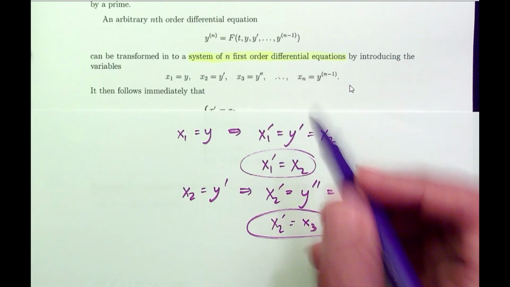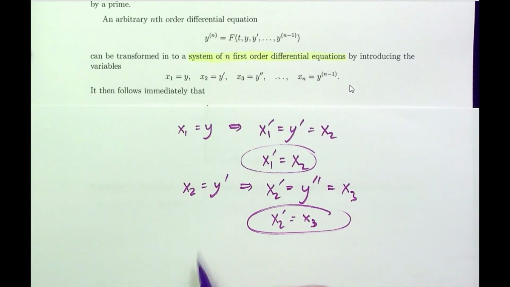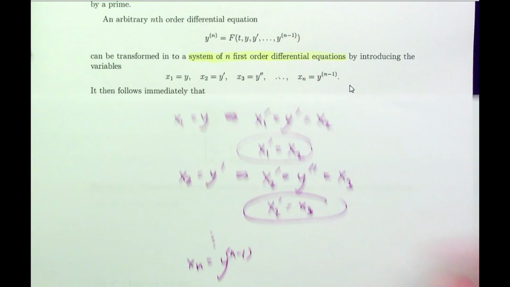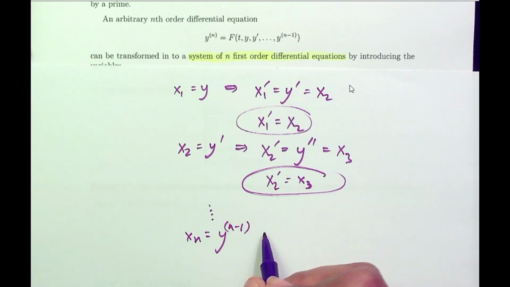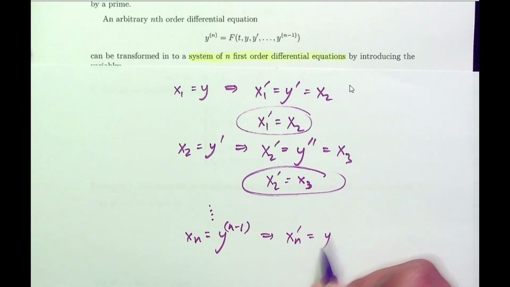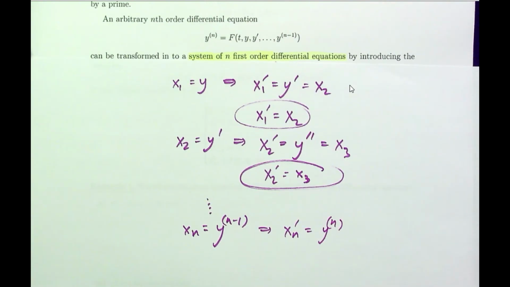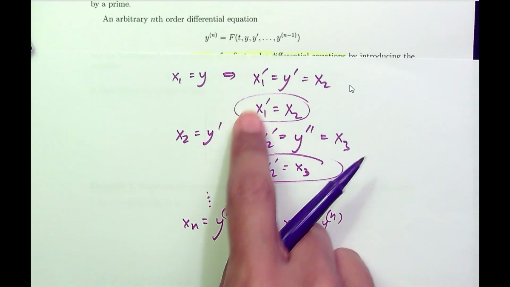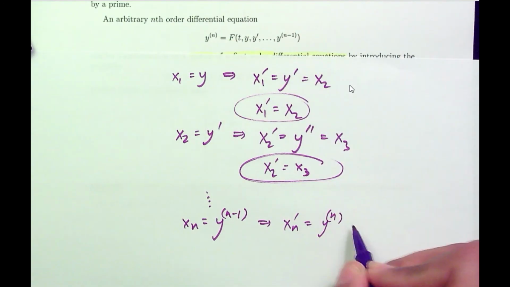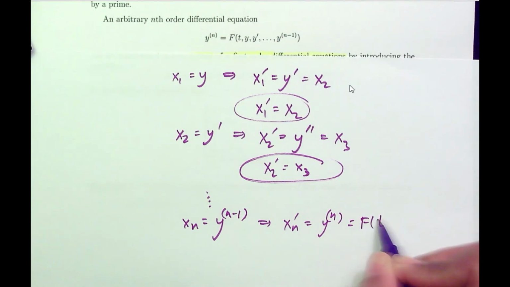And then once you get to the last one, what does that give you? You keep going, and then xn equals the (n minus 1)th derivative. Now you take the derivative on both sides, and it's going to give you xn prime equals the nth derivative of y, but the nth derivative of y is this. This is the expression on the right.